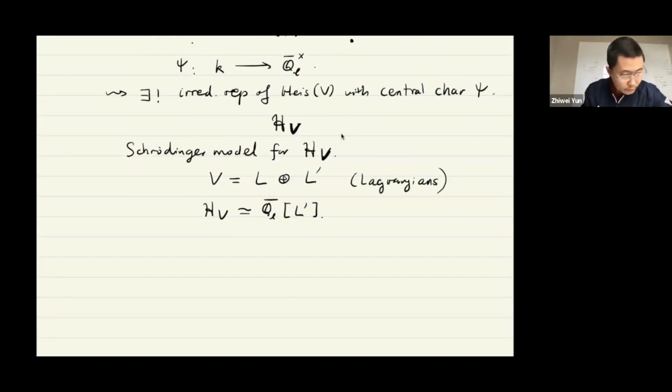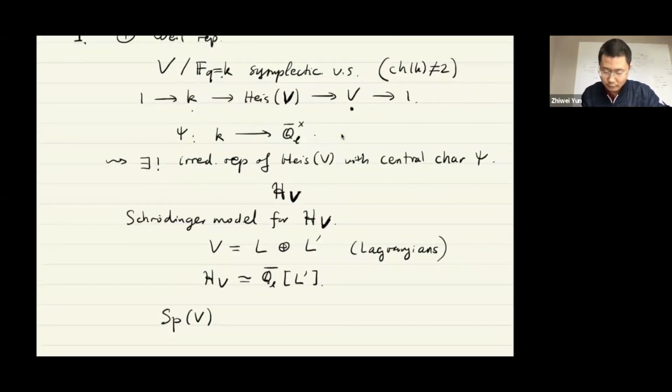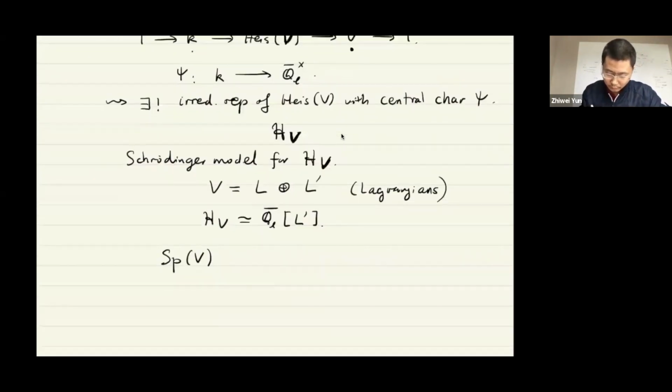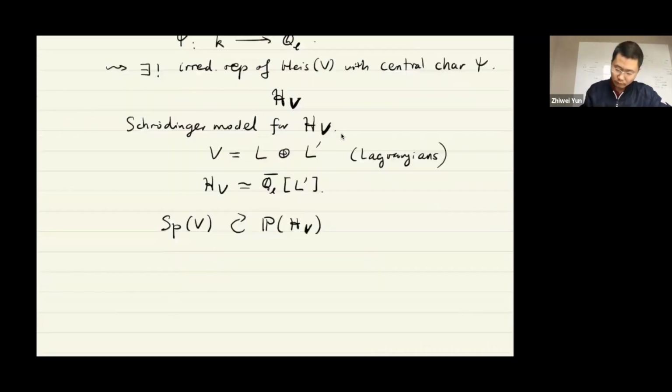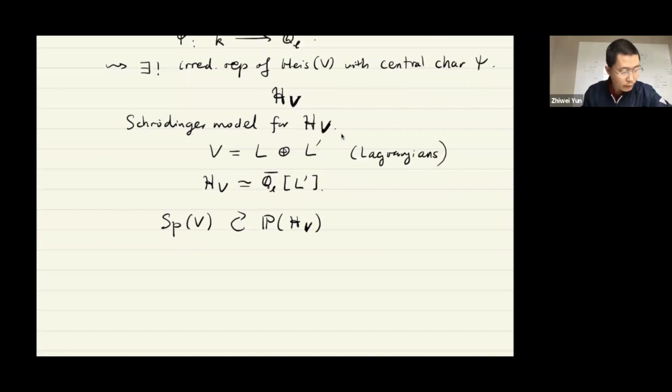The symplectic group I just view as a finite group, the FQ points of this algebraic symplectic group. Since it acts on the Heisenberg group, it will preserve the isomorphism class of this representation. So it acts on the projectivization of the vector space HV.